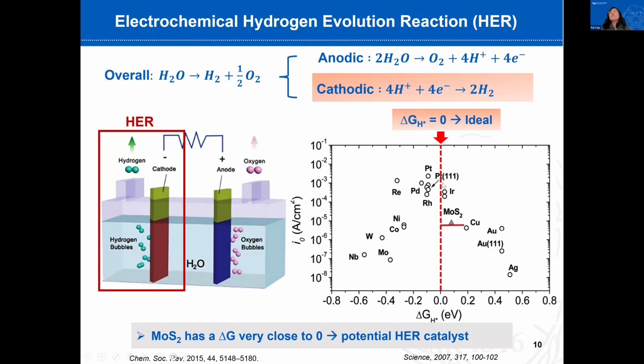So it is important to have the ideal hydrogen adsorption energy, delta G_H. If we look at MoS2, the theoretically predicted value shows it actually surpasses most of the common metals and lies right at the bottom of the platinum group, indicating that MoS2 has an ideal delta G, which can be used as a potential HER catalyst.